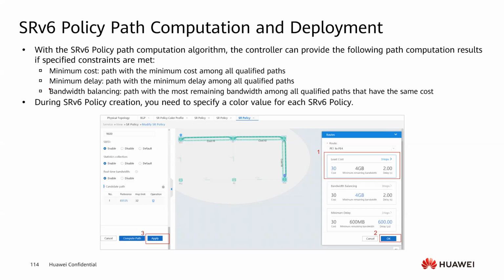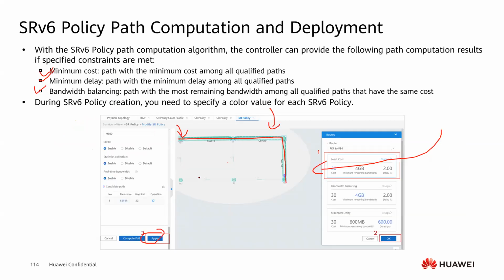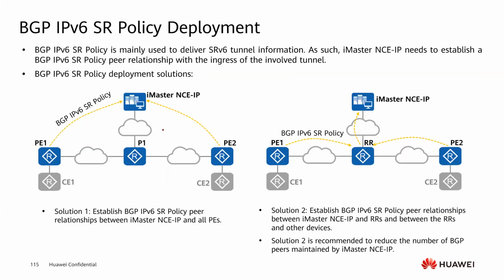Then we can do the calculation based on the minimum cost, the minimum delay, bandwidth balance, etc. And this is the result after we do the calculation. We can just click apply, and this path will be forwarded to the source point, the head end.